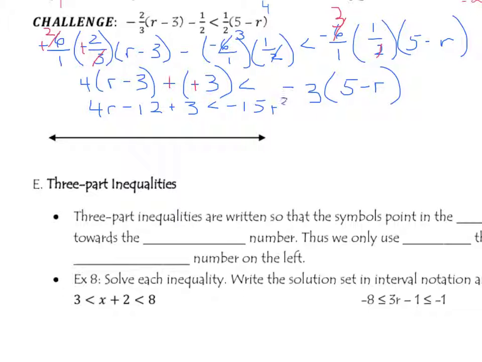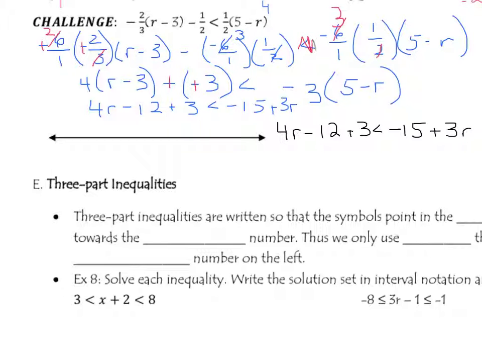Plus 3r. Okay, and now I'm starting to get messy, so I'm going to rewrite it down here so that we can have a cleaner solution. Okay, now I've made a mistake that's very important, and that is that when I multiplied by negative 6, I did not reverse the inequality.